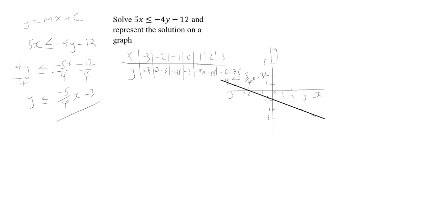Then after that, you have to identify which side is satisfying our equation. So in this case, we are saying y is less or equal to negative 5 over 4x minus 3. So you find the region which is being satisfied, it is the region that has less values.